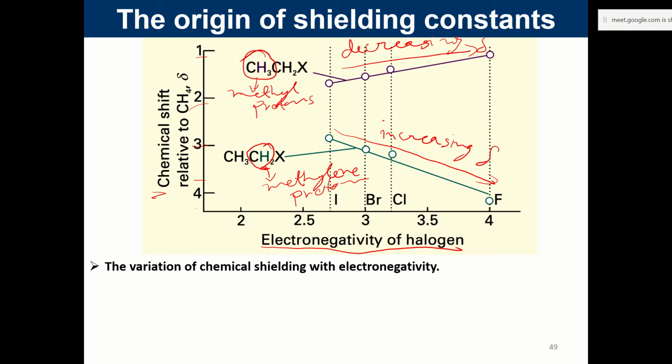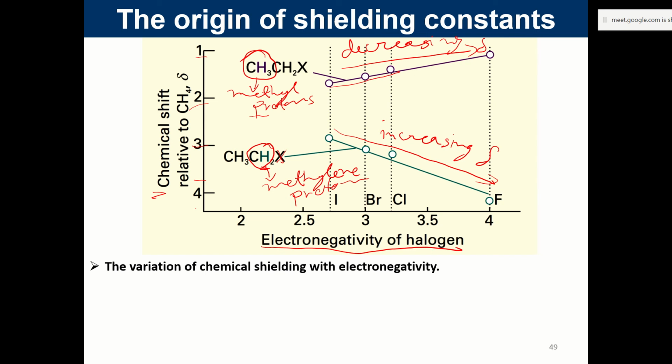It is obvious that when this halogen X is directly linked to the carbon, you have the maximum electron withdrawing effect, taking away electron density from the vicinity of this carbon, and it has some effect on the hydrogen bound to that, so you can expect an increase in the chemical shift. Fine, but why does this decrease?